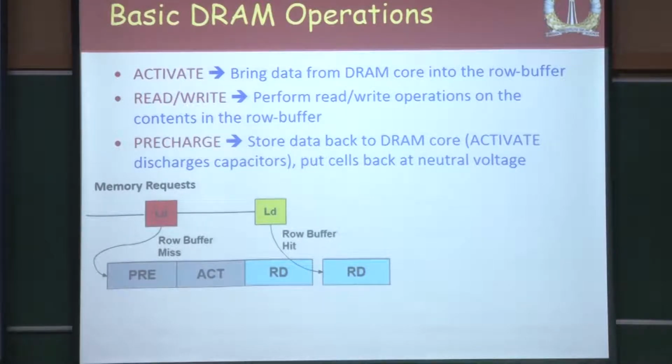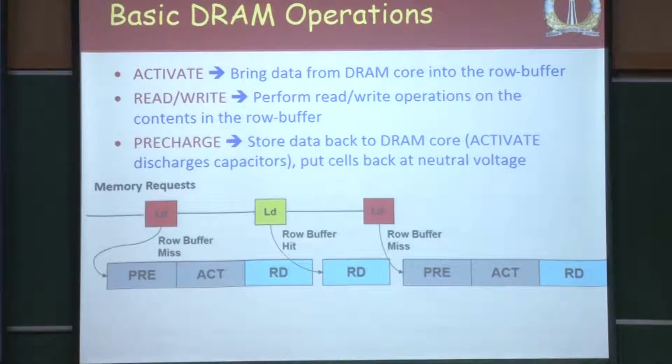Of course, in both of these cases there is a transfer component which is involved, which I have not shown here. Okay. So, one more load, but this time to a different row. Then again you have to go through precharge and activate. So, this is called a row buffer miss.